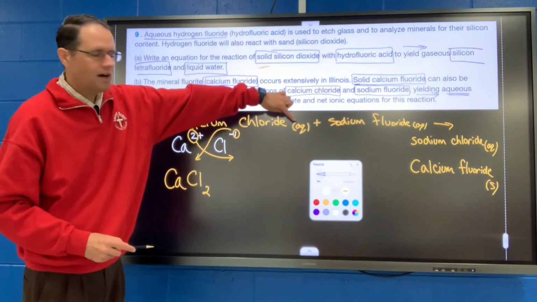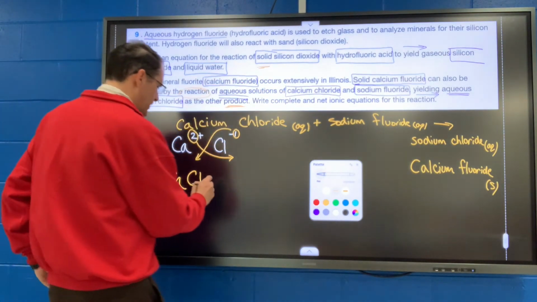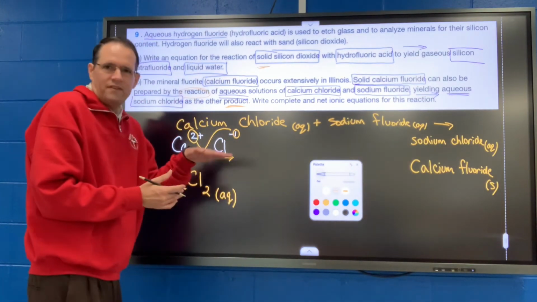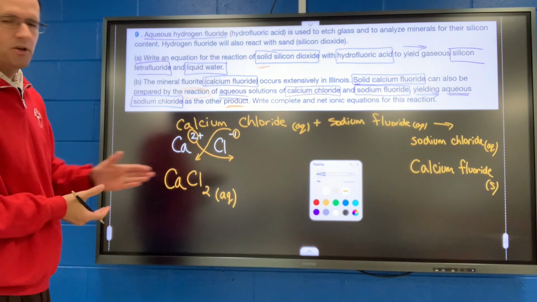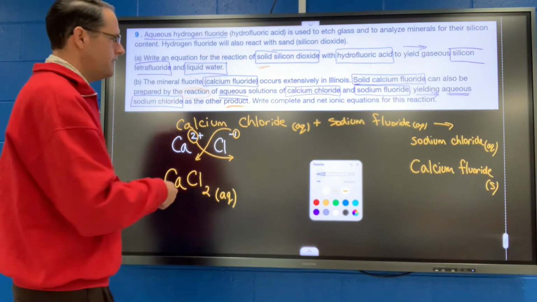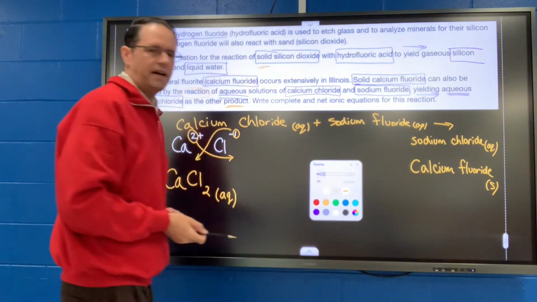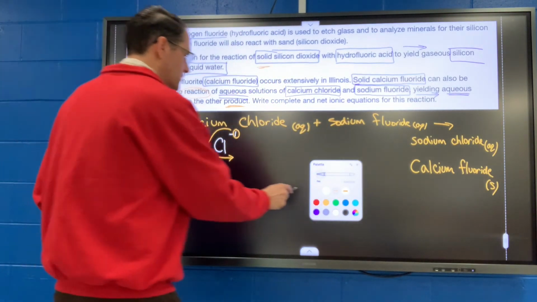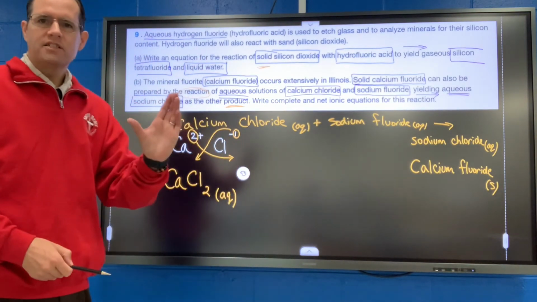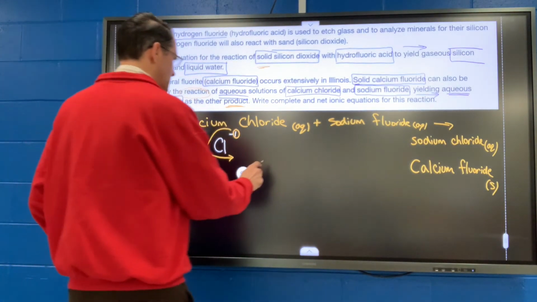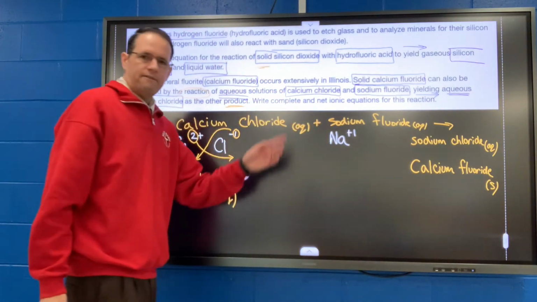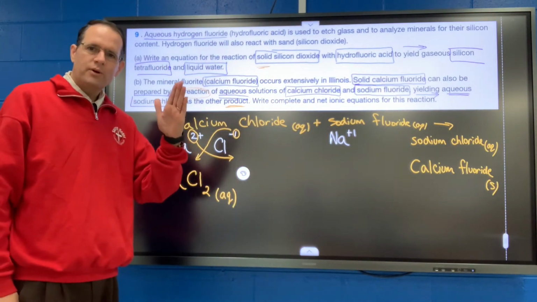We indicate its aqueous nature once again by abbreviating that with an (aq) in small parentheses near that chemical, or right next to it if you want. The next chemical mentioned in this reaction is sodium fluoride. Sodium is a group 1 element, so its charge is going to be +1. Fluorine is right above chlorine in the periodic table.